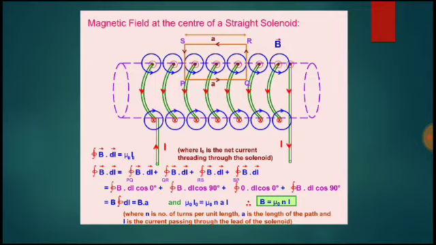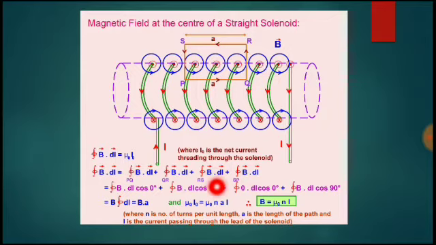Therefore, instead of that, we are taking mu naught into N I. N is the number of turns, I is the current. So you just have to substitute the value. What is remaining? B into a, so you are substituting B into a. What will come? Mu naught is already there.